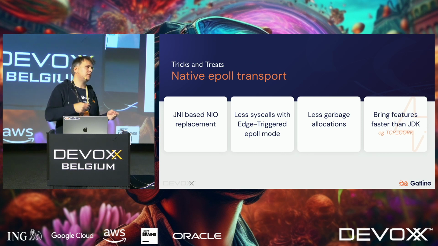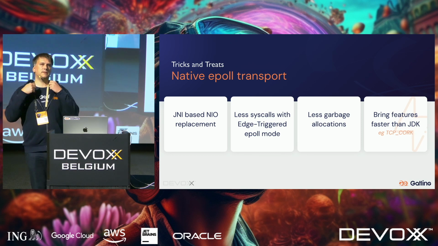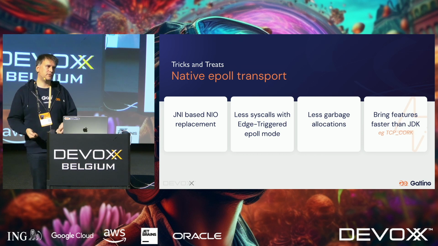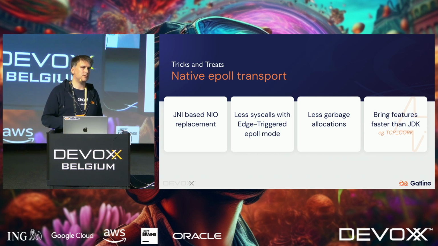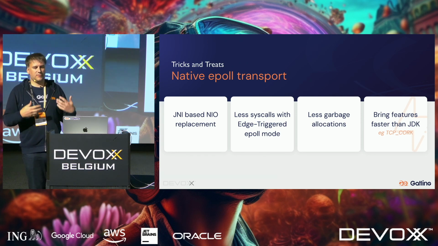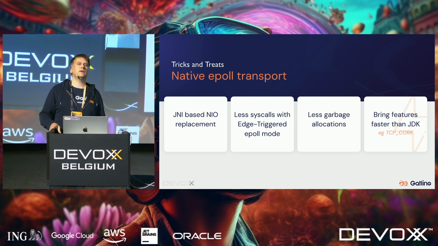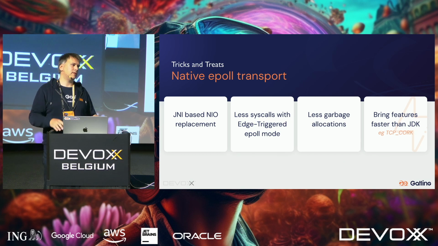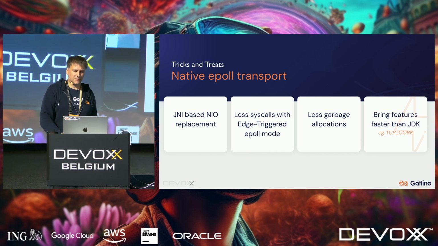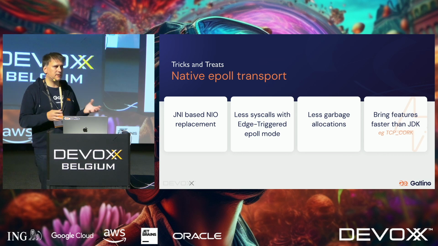And also sometimes they might want to be able to get TCP features that are not available, or not exposed yet on NIO. So what they actually did is that they basically re-implemented NIO. So they have some native code that's being wrapped with some JNI bindings. And from our experiments at Gatling, depending on your use case, a typical result is at least a 10% boost.